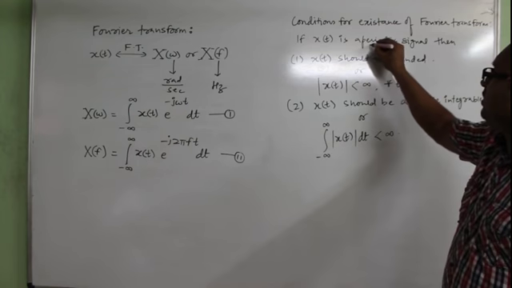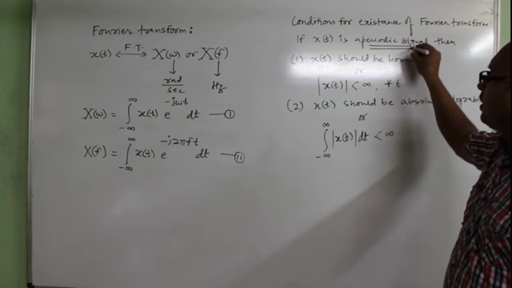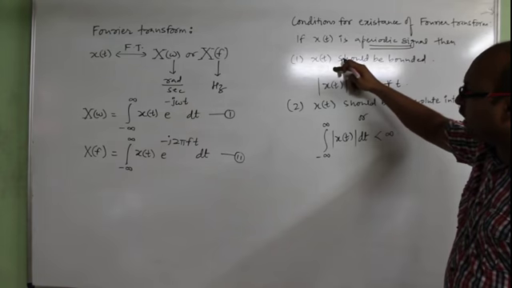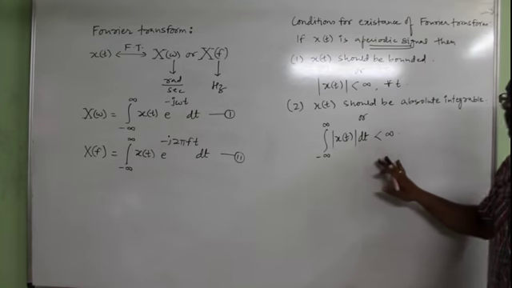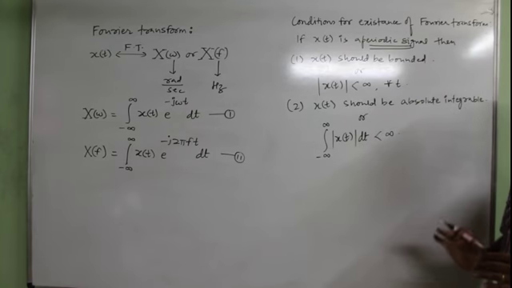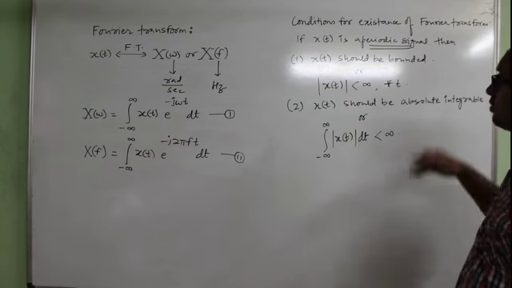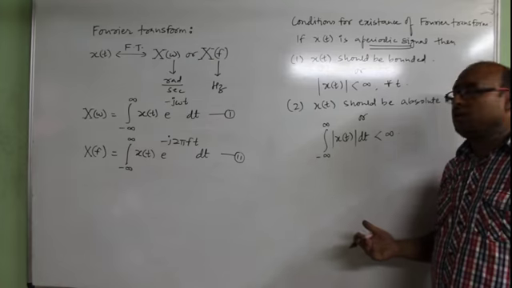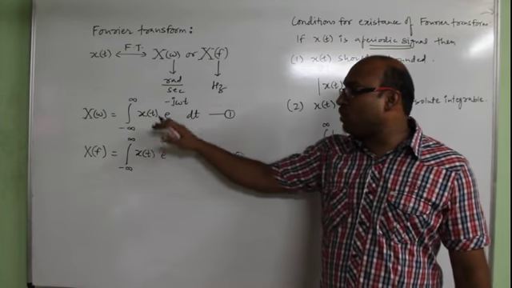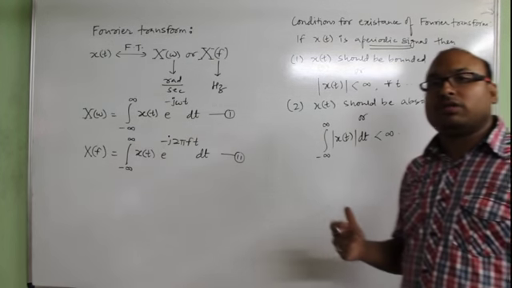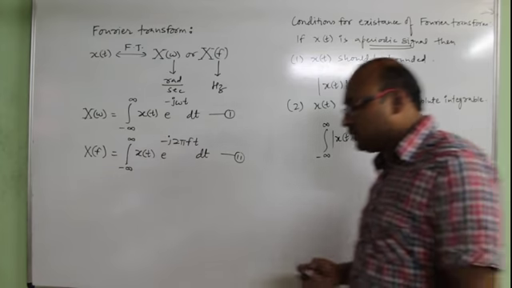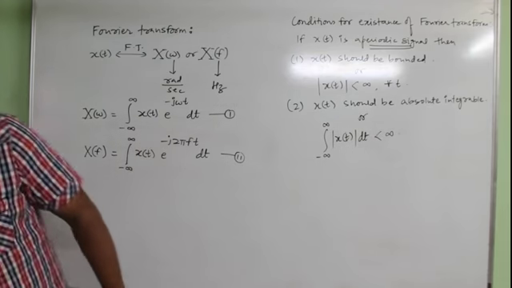So if x(t) is bounded and absolute integrable, then only we can have the Fourier transform or frequency spectrum of that signal. For a periodic signal, we cannot use these two formulas. So for a periodic signal, we use Fourier series to get the frequency spectrum.